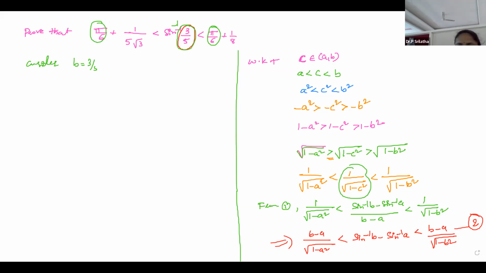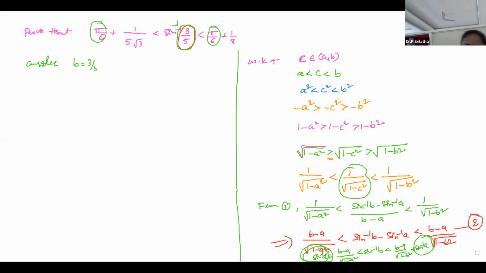If we write this as the next step, this will be b minus a divided by under root of 1 minus a square is less than sin inverse b minus sin inverse a. So add sin inverse a on both sides. Okay, so sin inverse b is less than b minus a by under root of 1 minus b square plus sin inverse a. Both sides have the similar value sin inverse a.